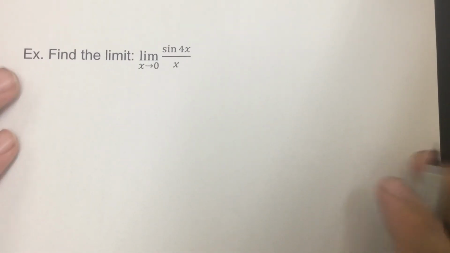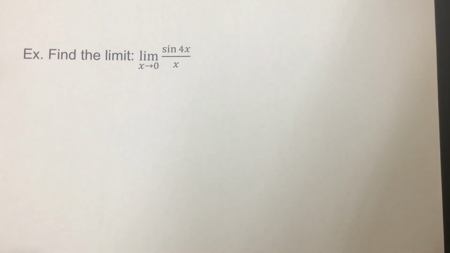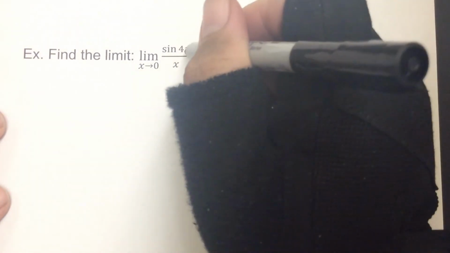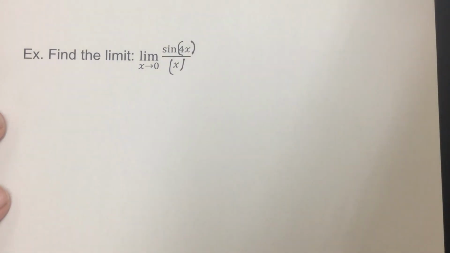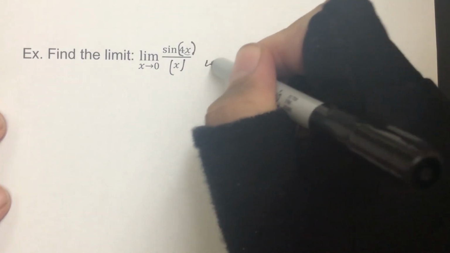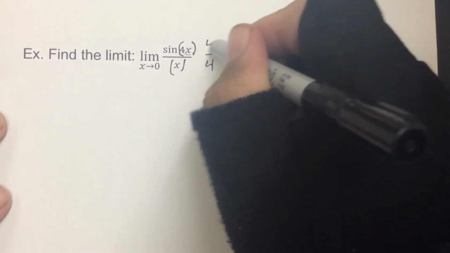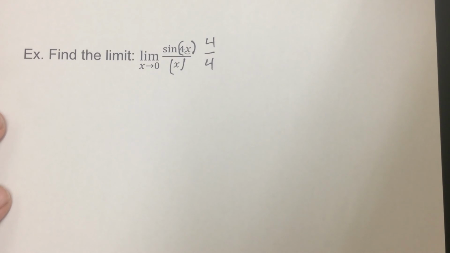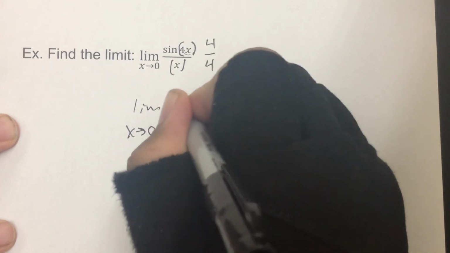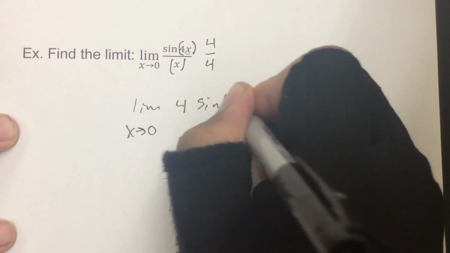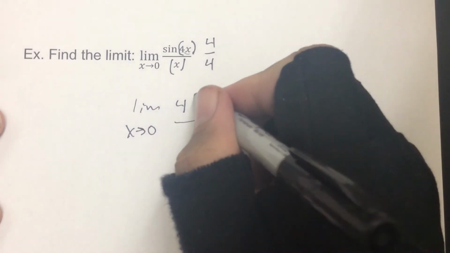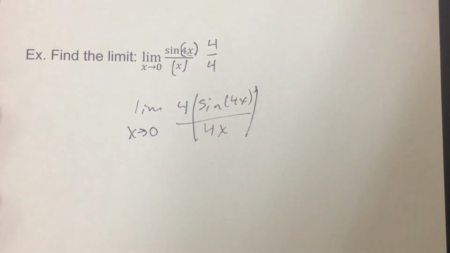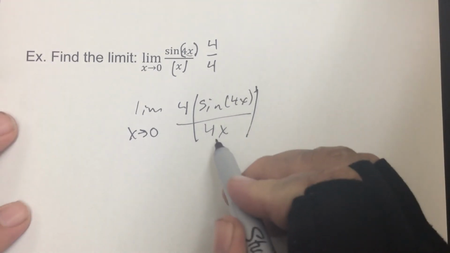Now, when it doesn't quite match up, this is something we can keep in mind. We need to make whatever this is the same as what's on the bottom. So to make this a 4x, we could take the bottom times 4. If we take the bottom times 4, we're going to take the top times 4. So what we're going to have here is the limit as x goes to 0 of 4 sine of 4x over 4x. If we look at just this part, now that part matches what's inside here, what's on the bottom.